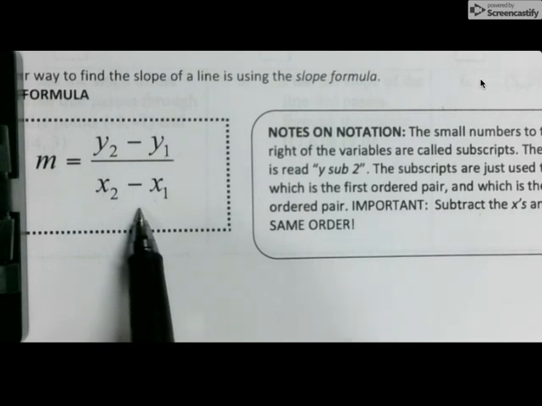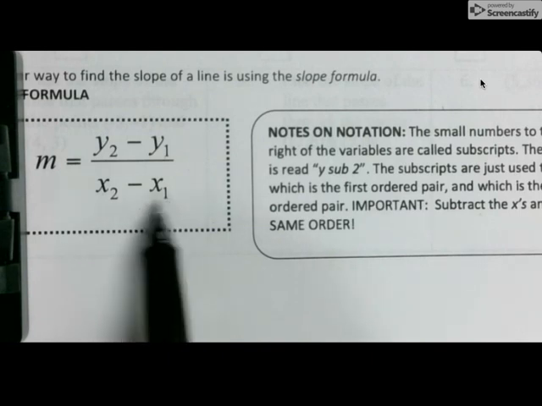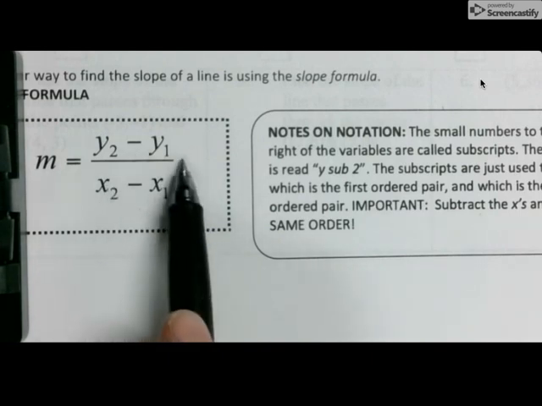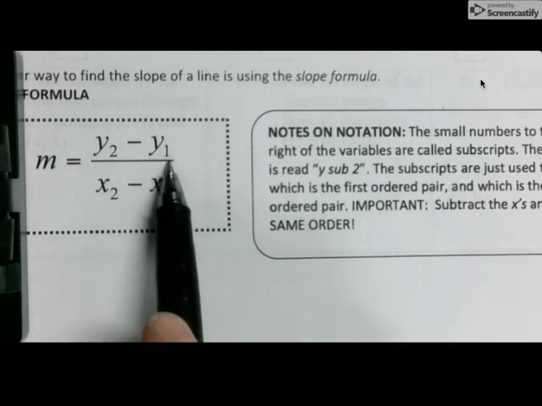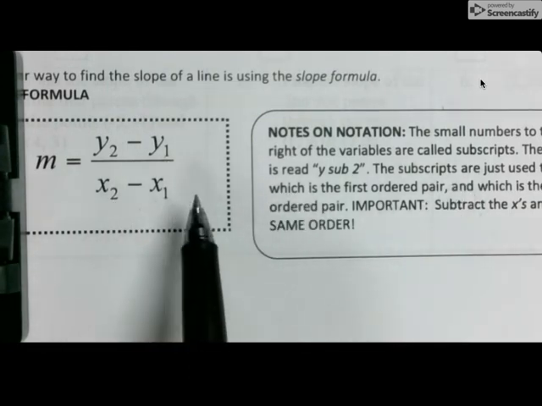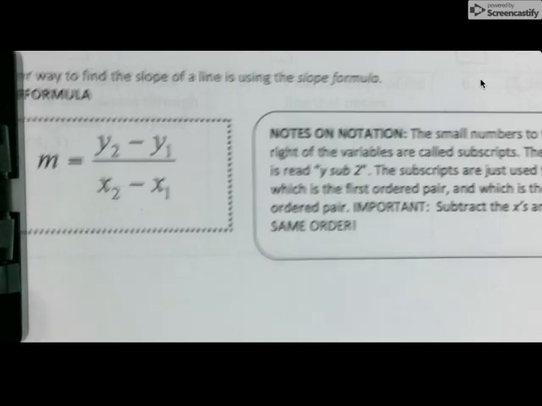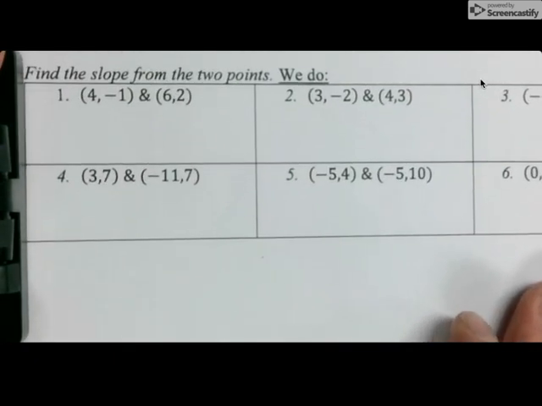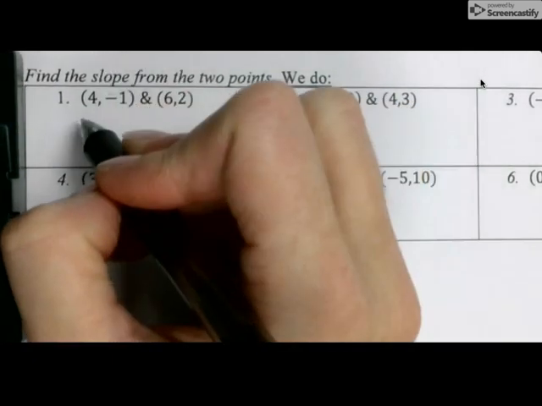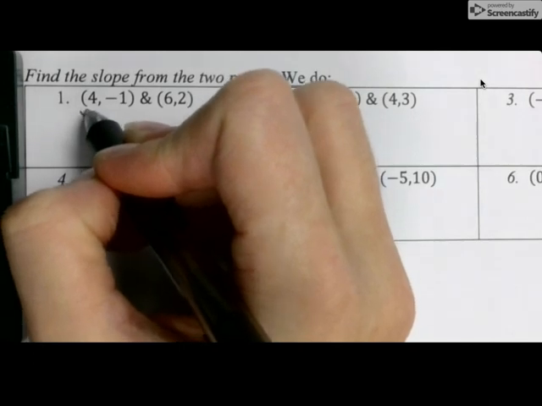Okay? Now, keeping in mind these little small numbers right here, that's just telling you the point you got it from. So what I suggest to my students is always when you're looking at this, label your points. That way you know when you're plugging in.